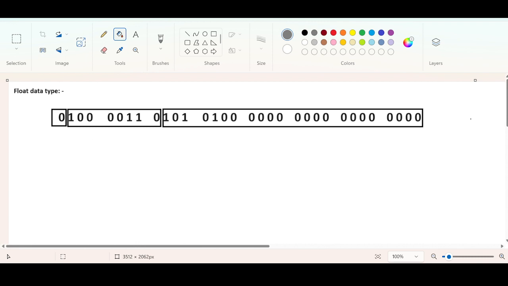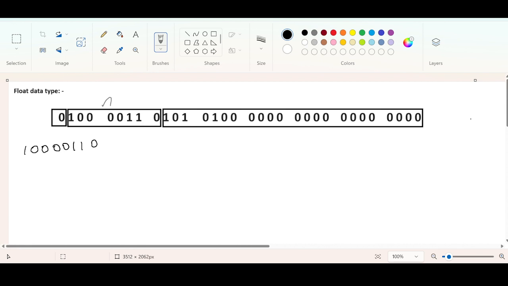The first thing is to convert this to the equivalent binary representation. Let us do the conversion. So we have 1 0 0 0 0 1 1 0.